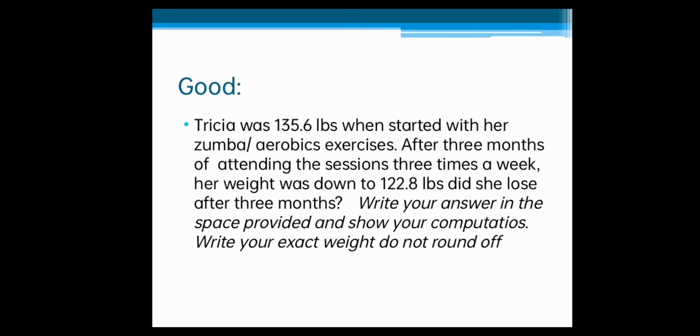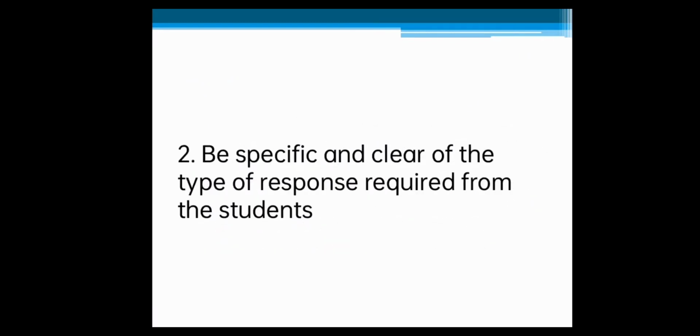So the next guideline is be specific and clear of the type of response required from the students. So in this guideline, for example, the instructors need to provide directions which clearly inform the students of the type of response called for.